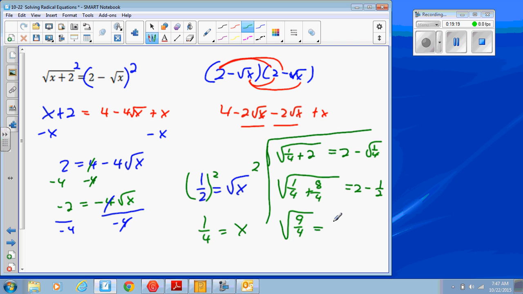Well, 2 can be written as 4/2, that's 2, minus 1/2. The square root of 9/4 is the square root of 9 over the square root of 4, which is 3/2, which equals 3/2. That checks. This is my answer to that confusing little problem. Okay.